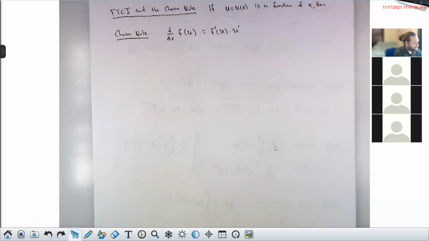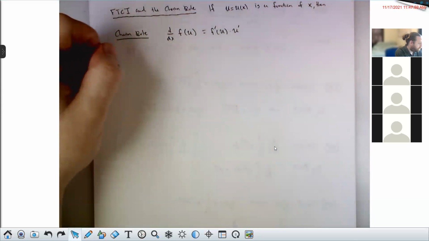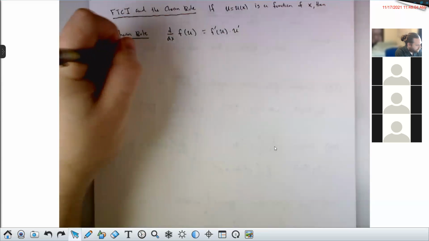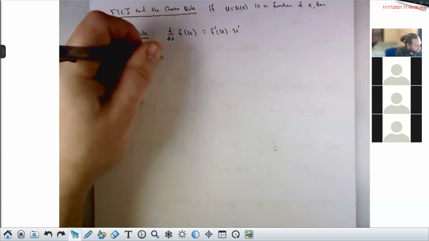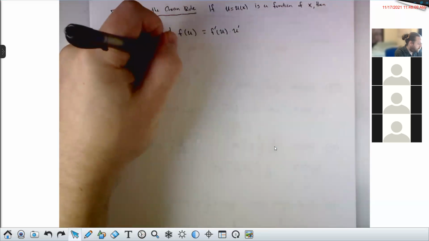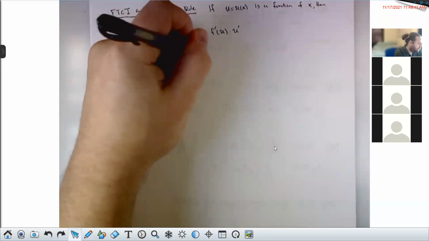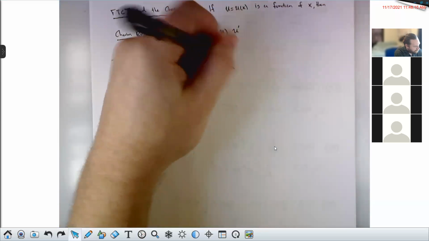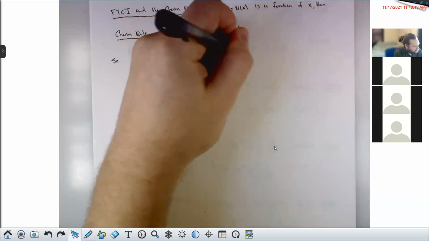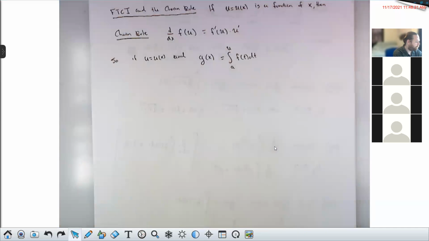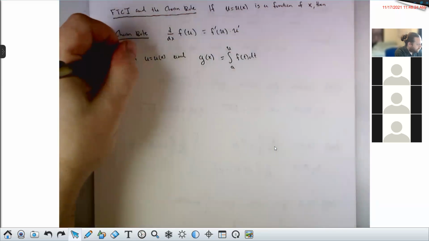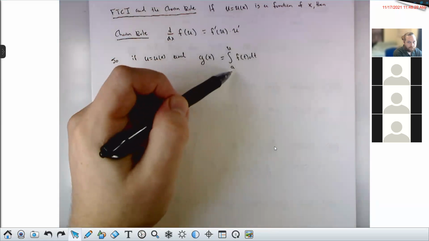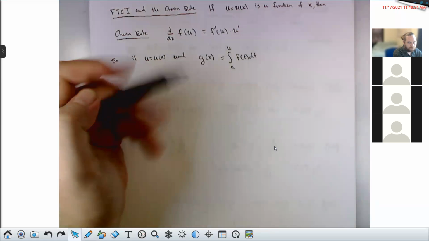The way this works with the fundamental theorem of calculus: if u is a function of x, say, and g of x is the integral from a to u of f of t dt, kind of like, remember the integral is like the outer function here, and the inner function is u.